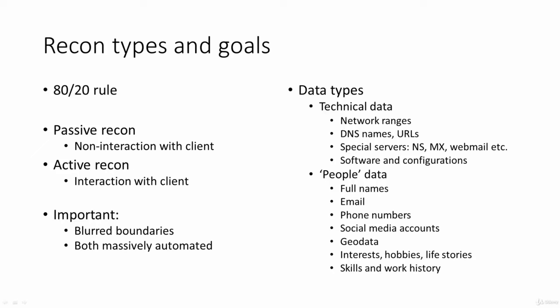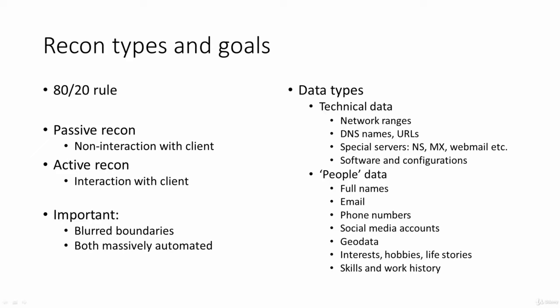Okay, so what should you look for? There is no specific limitation to what you should look for during the reconnaissance. As you already know, you have to find out as much about the scope as possible, so you have to find all available data, or at least as much data as possible.